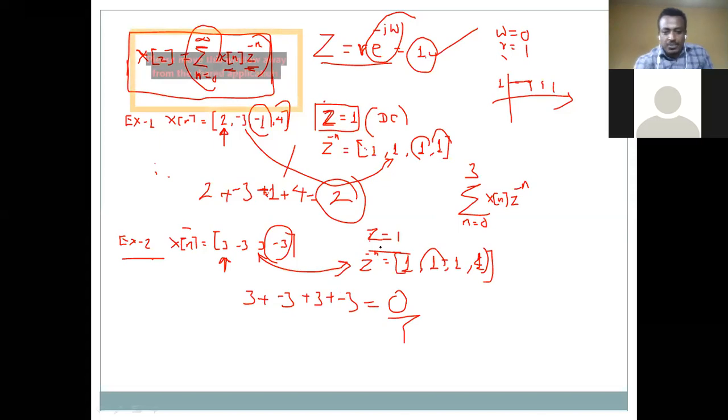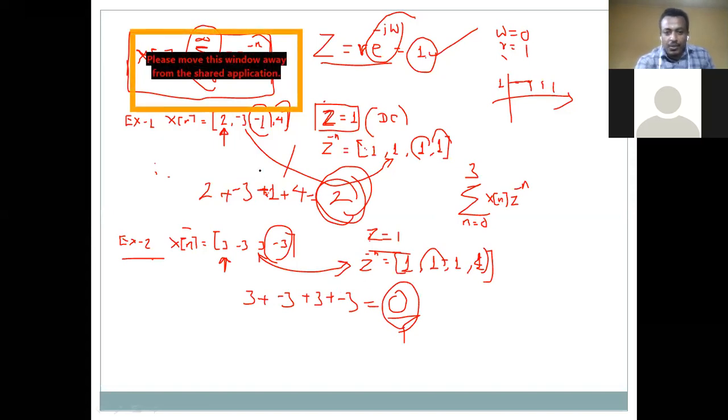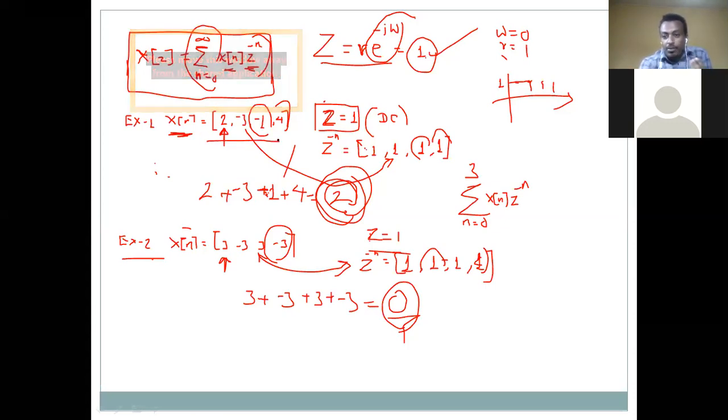So in the first case we get 2 values. In the second case we get 0. So there is a strong correlation of the first signal with DC. Correlation means similarity. Because we get what? Similarity 2. So inside this signal, there is one component, a DC component.